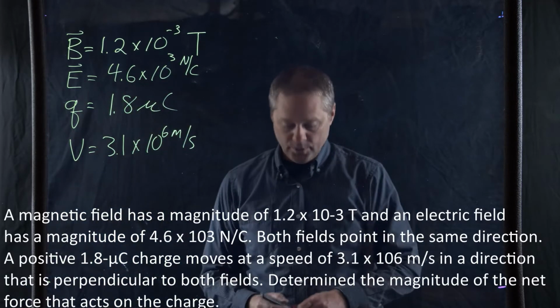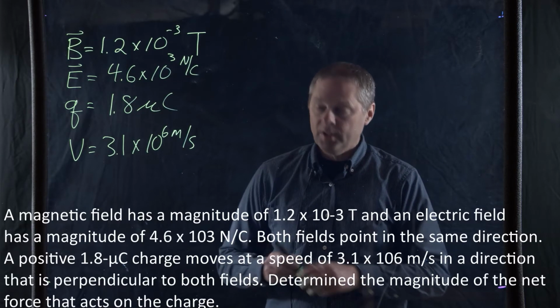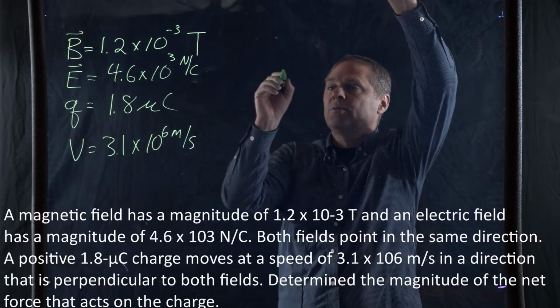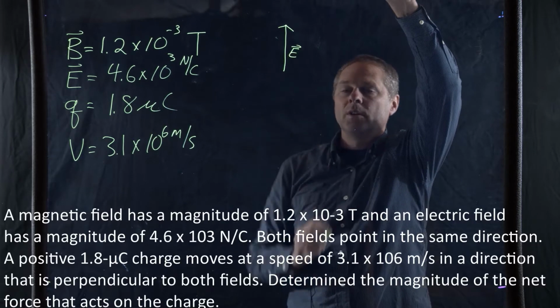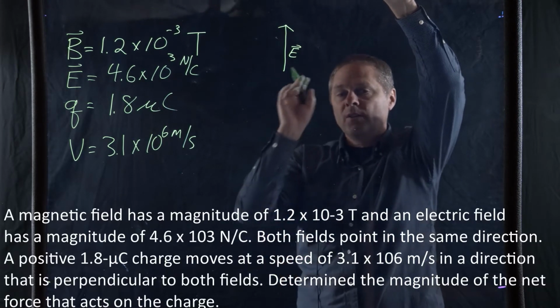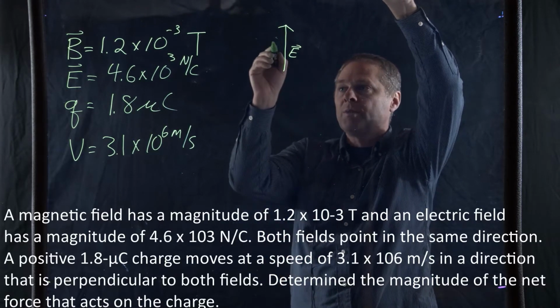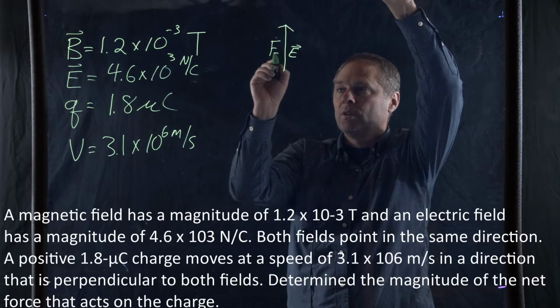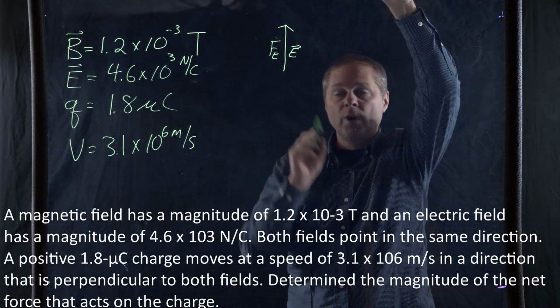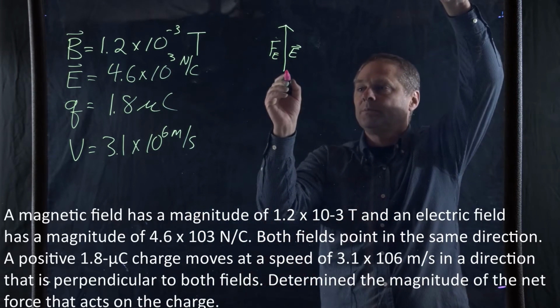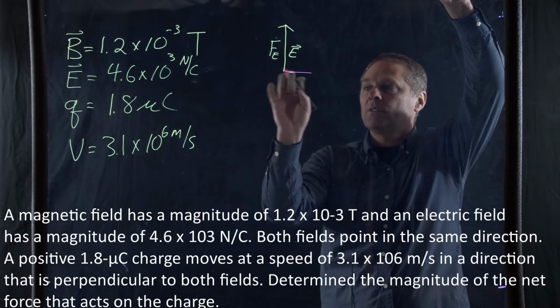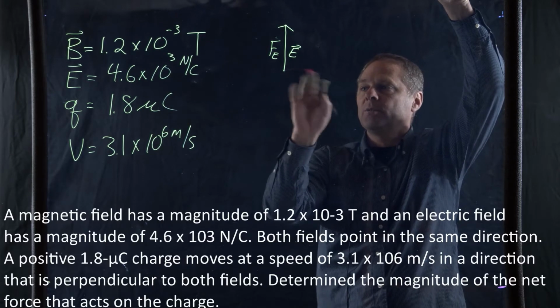So what we're first going to do is say we have this electric field that points in one direction. The direction of the force from the electric field is in the exact same direction. Oops, wrong one, I'm sorry, I got ahead of myself again.